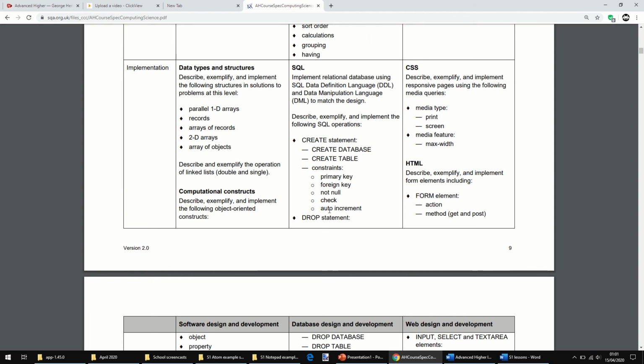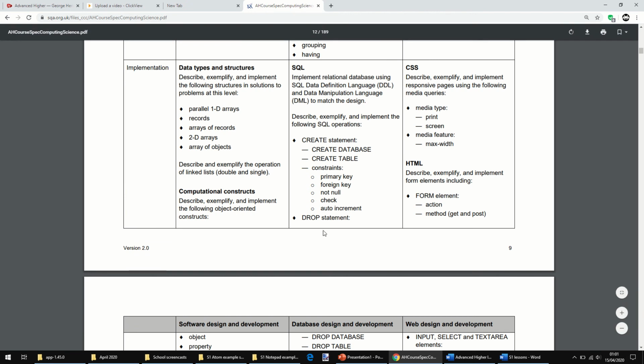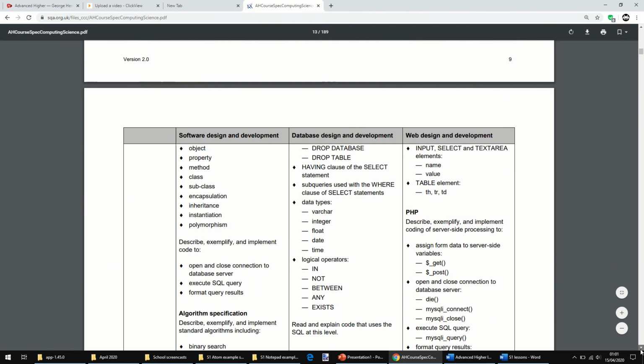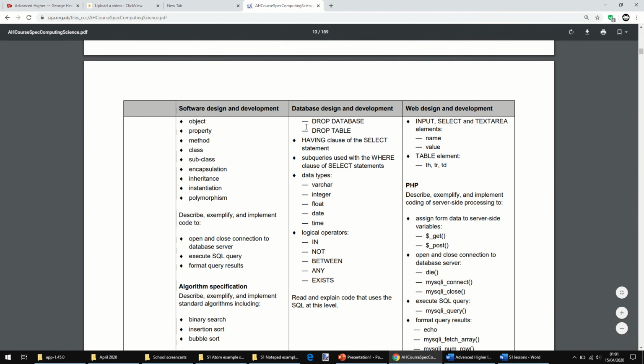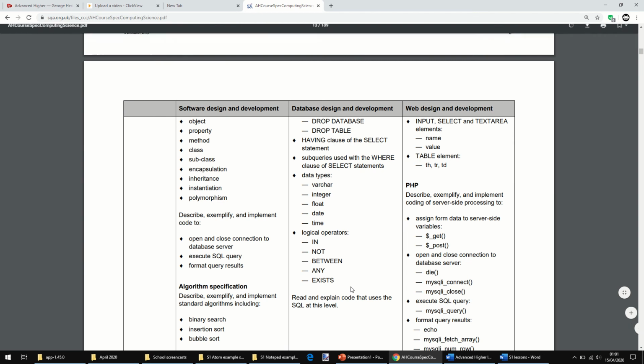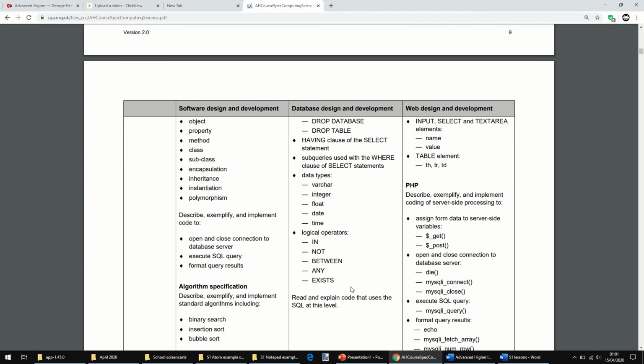Deleting them, the fairly well-known drop statement. Using having clauses and a few different logical operators. There's quite a lot of problem solving in the SQL. I mean, there is at Higher and Nat 5, but at advanced higher you get some quite tricky problems in terms of coming up with queries.